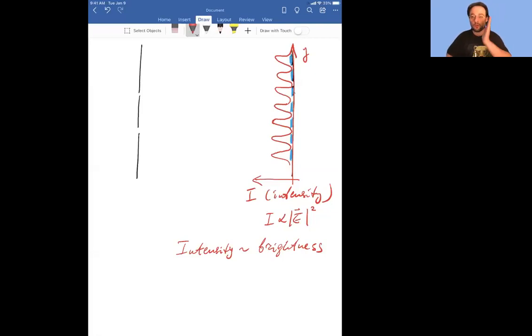So now we get to the heart of it. How can you understand this behavior in the context of particles? Pause this video and think about this. You have intuition about particles.